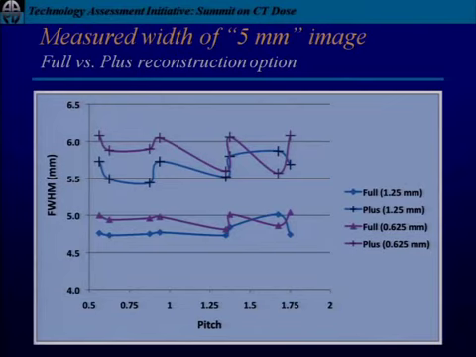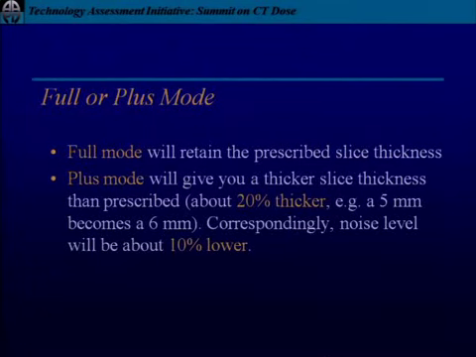That's not probably practical for the community at large, and so that is part of, I think, the service we can do as a community, sharing our knowledge and avoiding some pitfalls that someone learned the hard way. So the full mode gives you the full width at half max that you asked for. The plus mode gives you about 20% thicker, which gives you a little bit less noise.